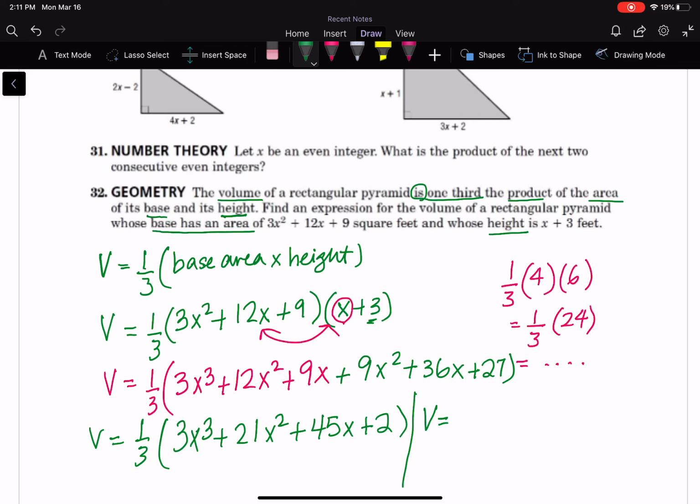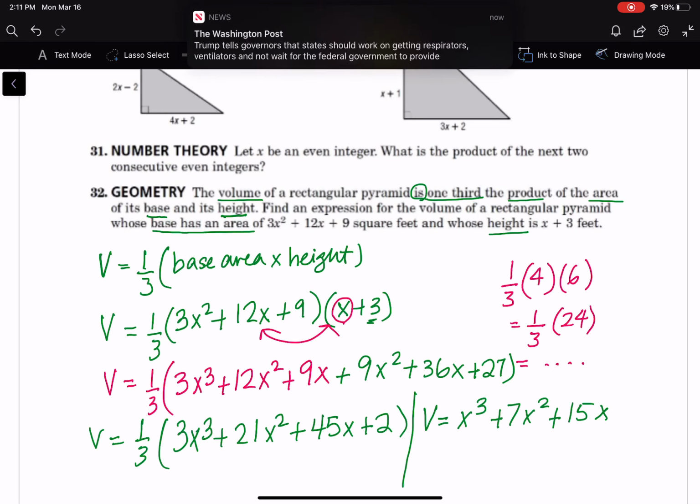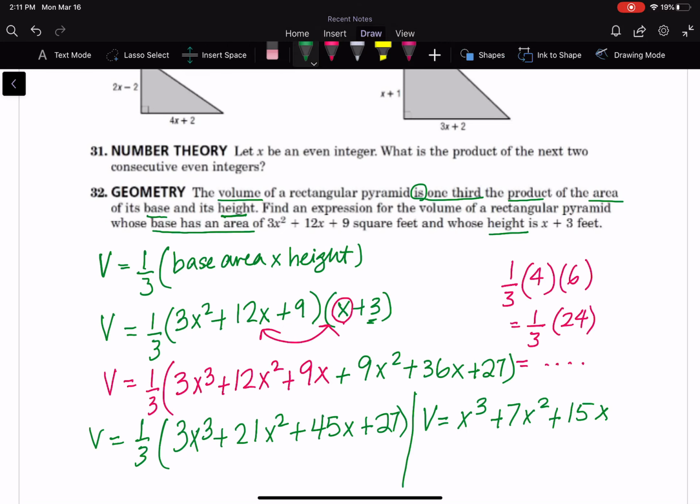So volume is equal to x cubed plus 7x squared plus 15x plus 9. And since it's volume, it's units cubed. In this case, it's feet cubed. And that is it. Goodbye.